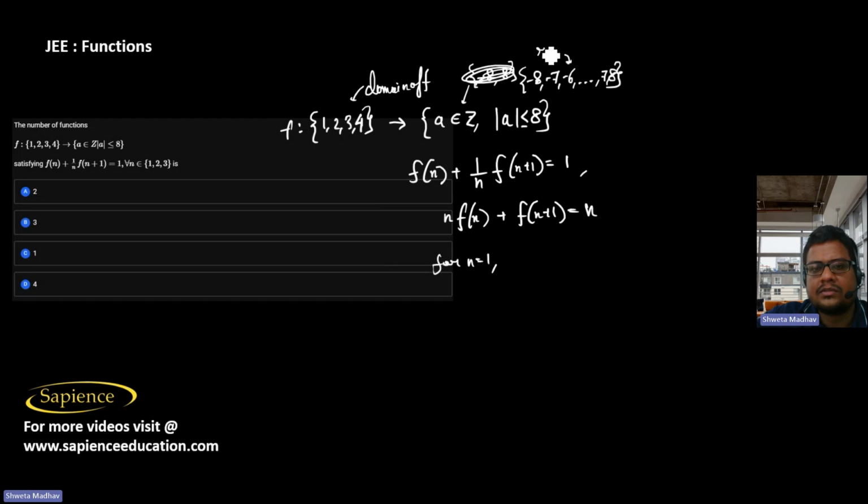This is the range of this function f. So for n equal to 1, this will be f of 1 plus f of 2, that will be equal to 1.